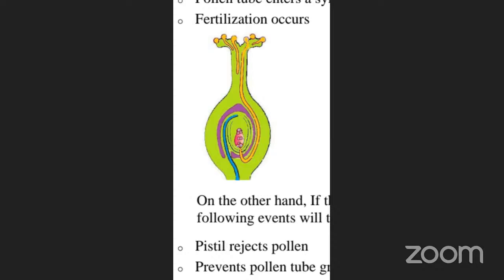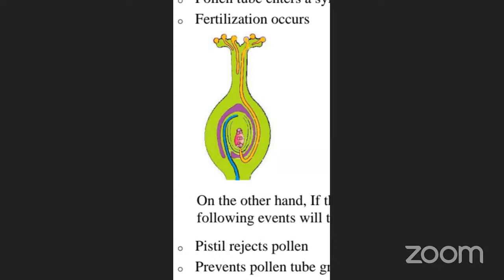The second male gamete, after the pollen tube bursts, moves towards and fuses with the secondary nucleus, located in the central portion of the embryo sac.